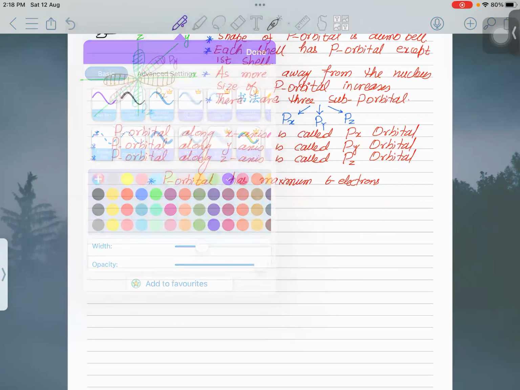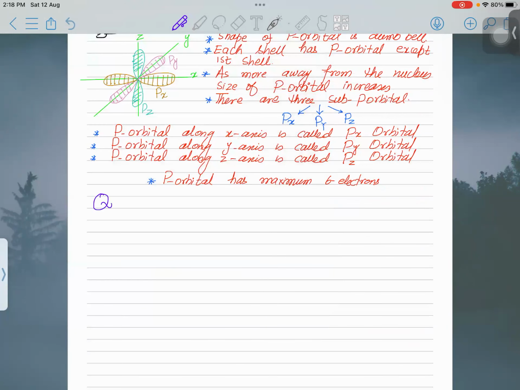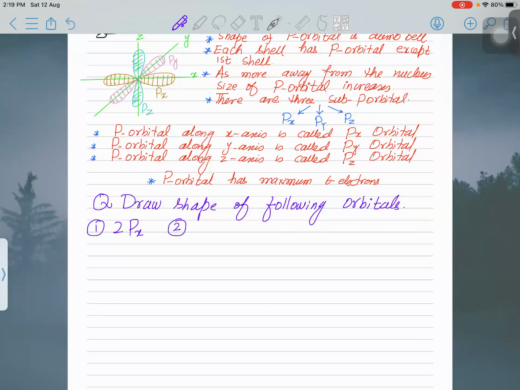Now question. Draw the shape of the following orbitals. Number 1, 2px. Can I write 1px?